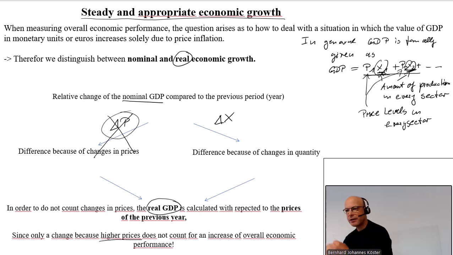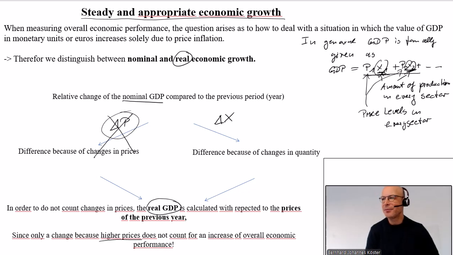Well, we want to get rid of these price changes. The aim is just to hold it constant. So theoretically this is possible, but is it possible in practice that you multiply every product today with its price in the year 2000? And why not?